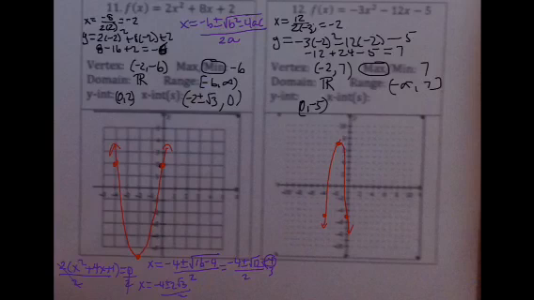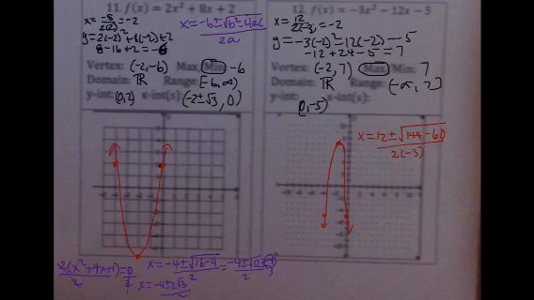Because we have negative 3 for A, negative 12 for B, and negative 5 for C. So then we have x equals negative B, so that's going to be 12, because it's the opposite of B, plus or minus the square root of B squared, so that's negative 12 times negative 12, that's 144, minus 4 times A times C. So 4 times A times C, that's negative 60, all over 2 times A, which is 2 times negative 3, which is negative 6.